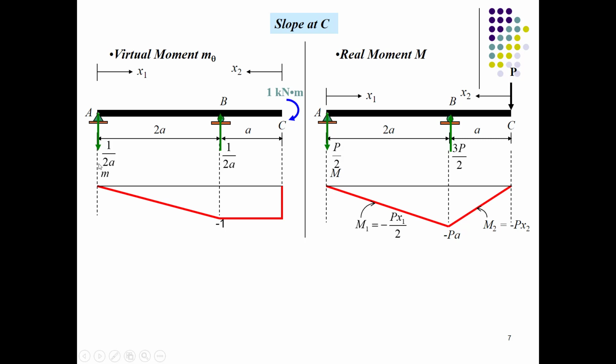For example, I take the section at B and multiply the reaction causing the moment at B, 1 over 2a multiplied by 2a, which comes out as 1. It is in the counterclockwise direction, so it is taken as negative.